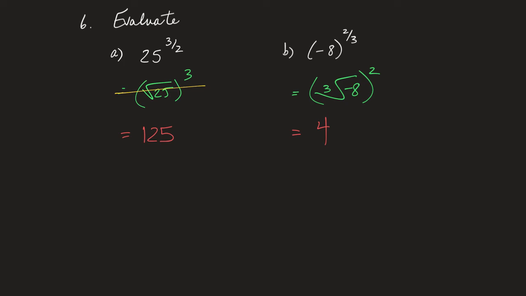Keep in mind, again, it is so much easier to take the root of something and probably make it smaller, then apply your exponent, your power, to blow it up to something bigger, as opposed to, if we focus on problem A, trying to cube 25 in our head and then take the square root of that. Okay, most people are more comfortable shrinking things down and working with smaller numbers. So let's take the root first, then apply the power.